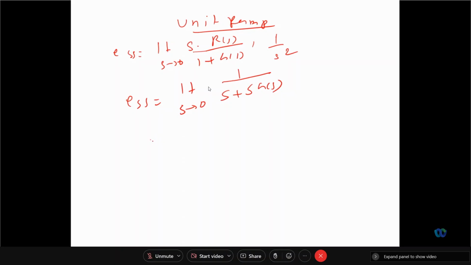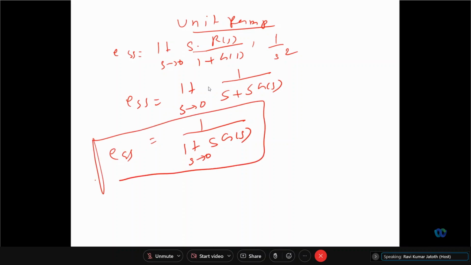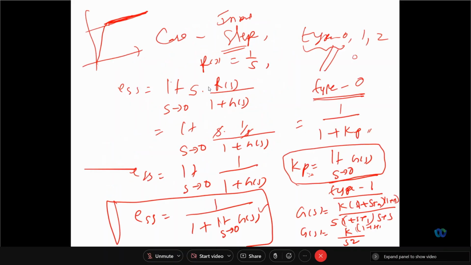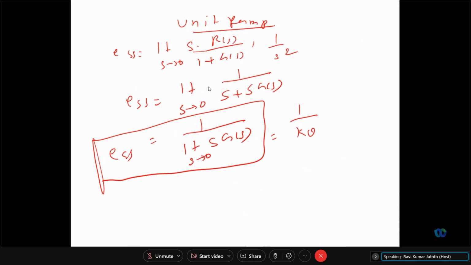So this is the expression I get. This is called positional error when the input is step, with Kp. For the ramp we call it the velocity error constant. So this is called a velocity error constant. ESS is 1 by KV.